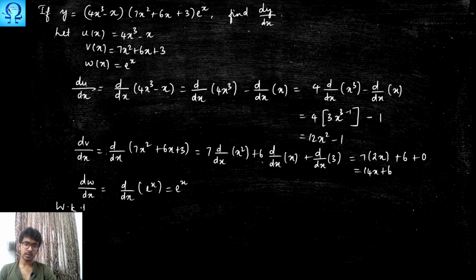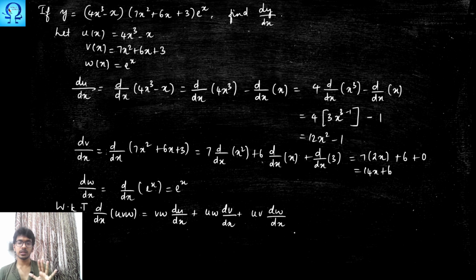And we know that d upon dx of uvw is have the last two functions as it is and differentiate the first function. Now have the first and last function as it is and differentiate the second function. Have the first two functions as it is and differentiate the last one.